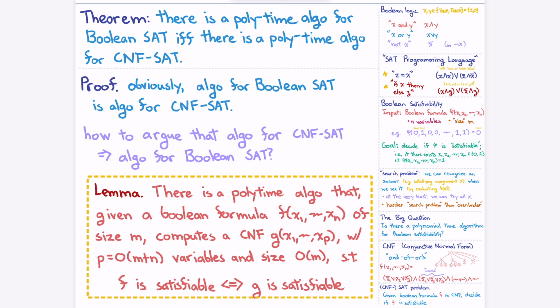The total size will be somewhat similar, and it maintains satisfiability. These are pretty tight bounds, to go from m to m plus n, but I wouldn't worry too much about it. That's just what falls out of the construction. If it was poly m, poly n, I wouldn't really mind. But that's what we'll show.